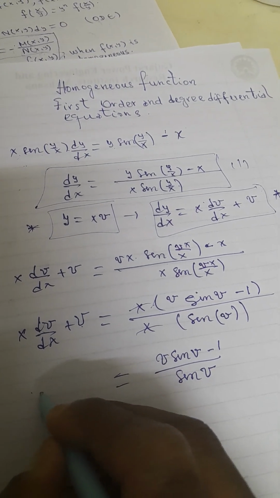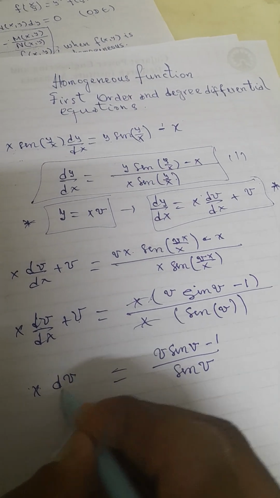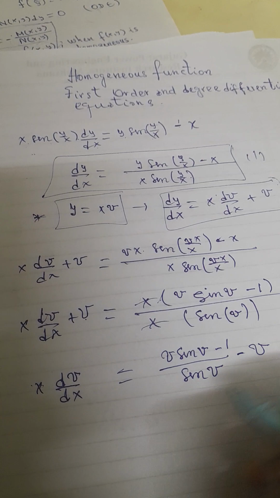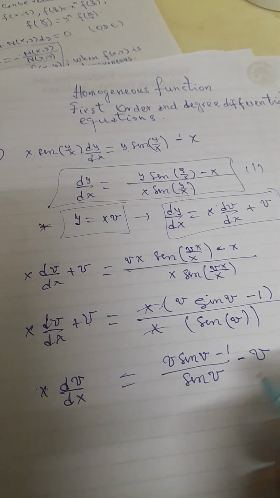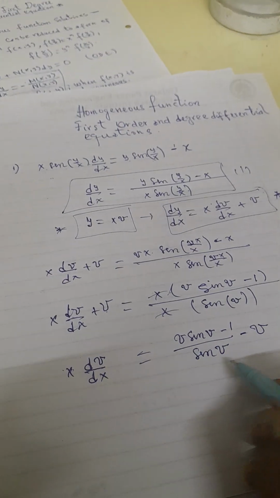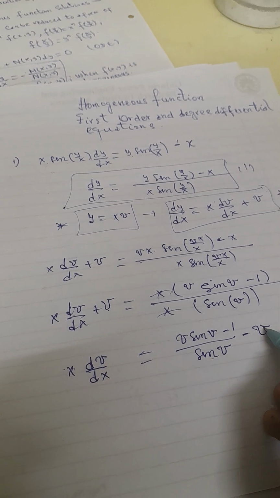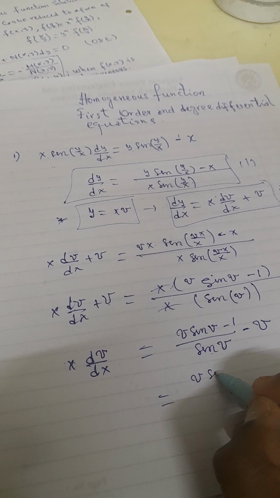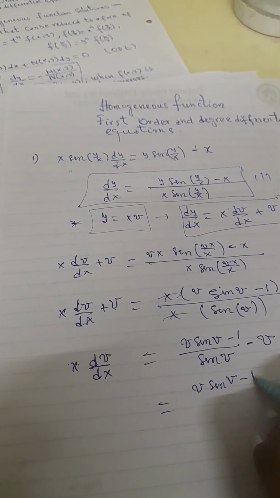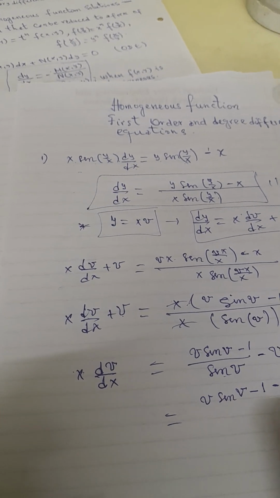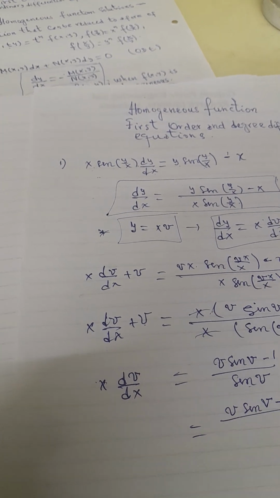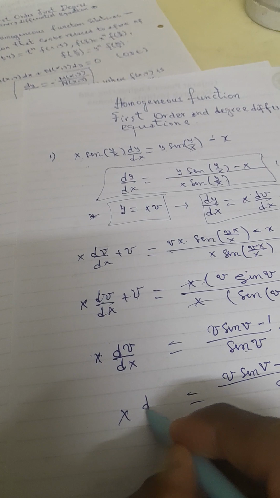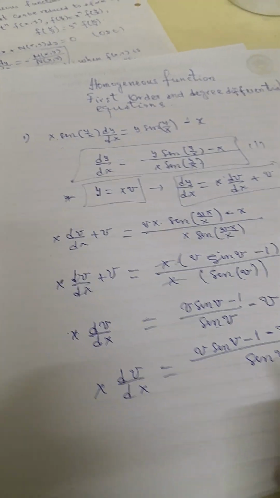Now what you're going to have is x dv dx minus v. So from here minus v, so find the common denominator. This will be v sin v minus 1 minus v sin v all upon sin of v, and here it is x dv upon dx.